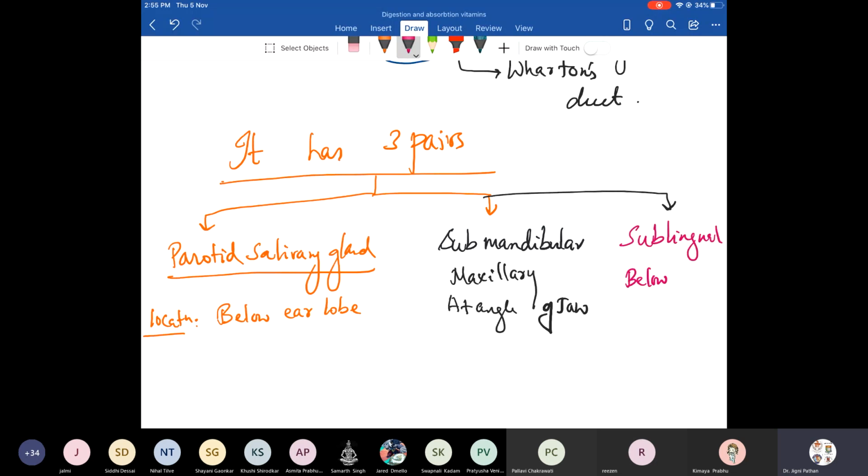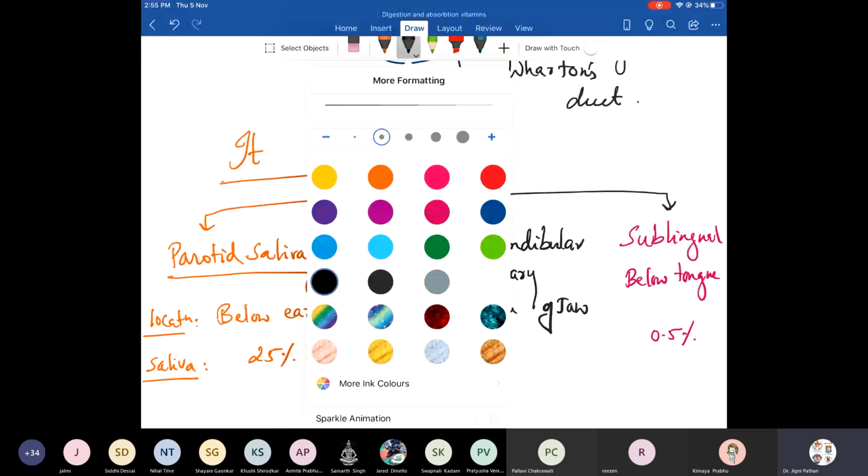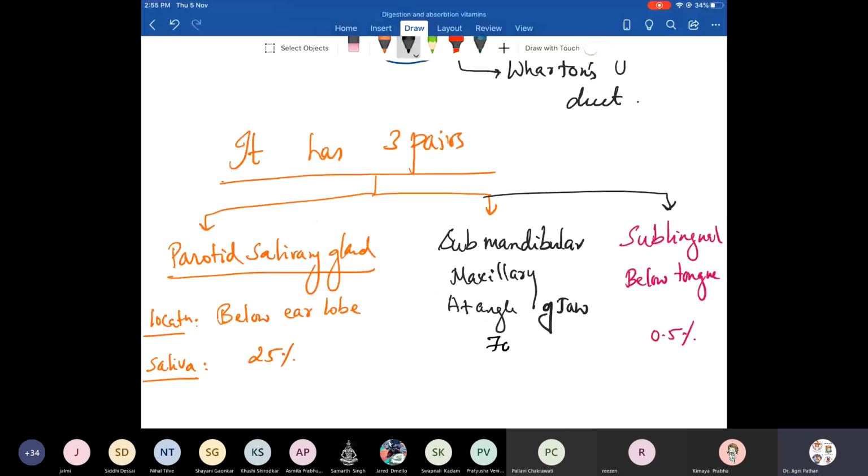How much saliva does each contribute? Parotid contributes 25%, sublingual 0.5%, and submandibular around 70%, the maximum saliva.